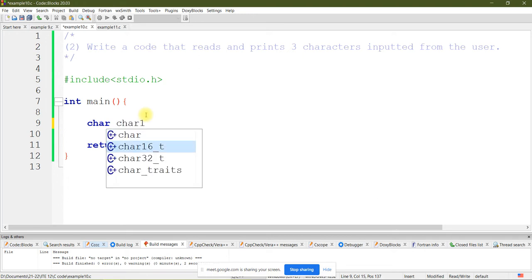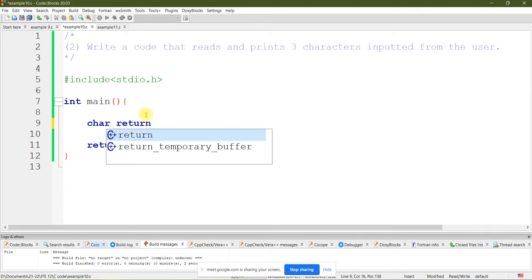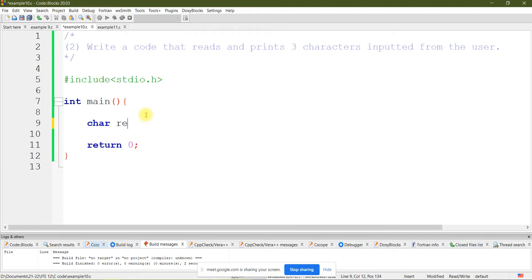char1. As you may have noticed, if you name a variable using a word already in C, such as char or return, that is not allowed because it is already in C's database as a reserved word, which it uses as a tool.